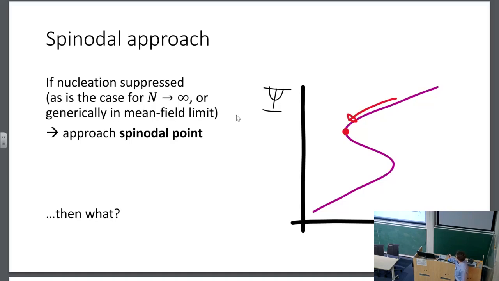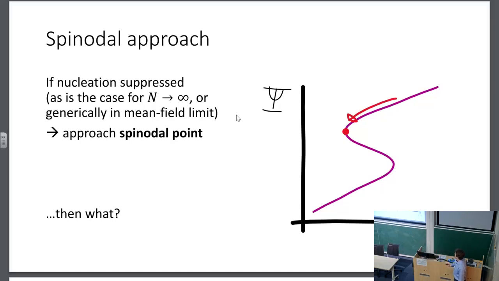And then you can supercool a lot before you complete the transition. And you can get close to this turning point here, which is this funny thing called the spinodal point. Okay? And then you might ask, what happens then?